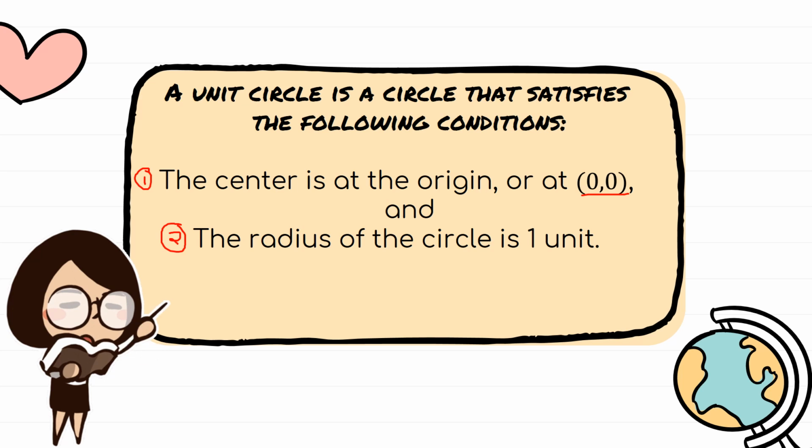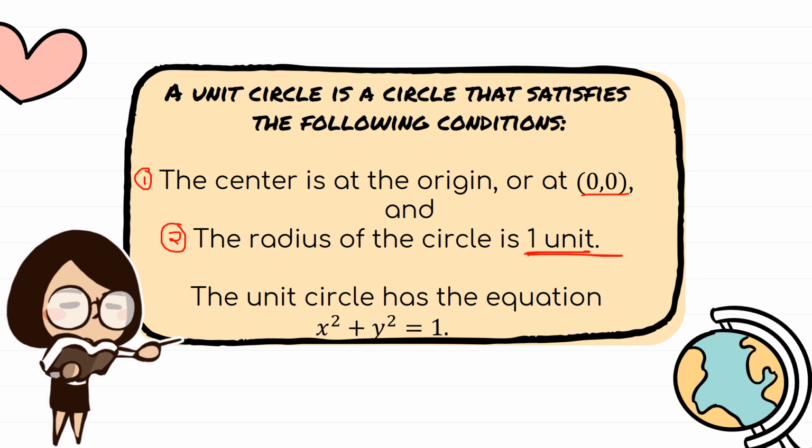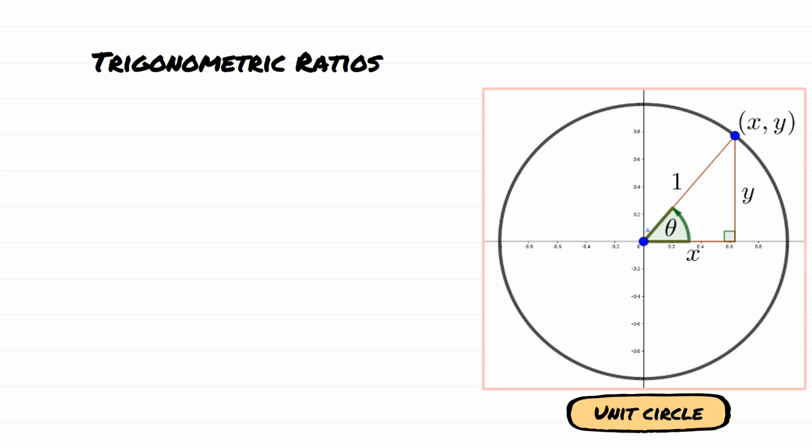Eksakto. Total may center at radius naman na tayo, pwede natin siya isulat as an equation or in center radius form. So the equation is x squared plus y squared equals 1. Pwede natin siya i-graph sa unit circle. Tingnan natin yung unit circle sa graph na to. Suppose na meron kang point x, y na nasa unit circle.